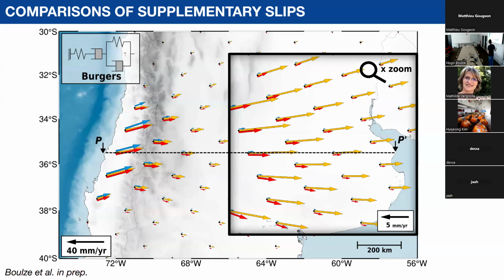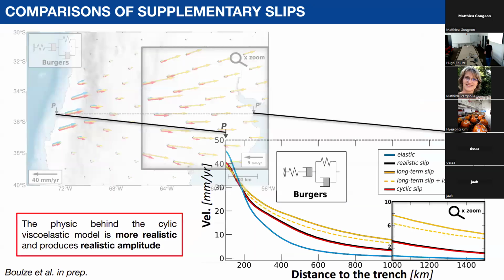And in comparison, the orange model you have here, the steady state, predicts by far larger deformation than the regular cycle of earthquakes here. And if we compare here, using this profile, the different inter-seismic velocities, compared to the realistic model.